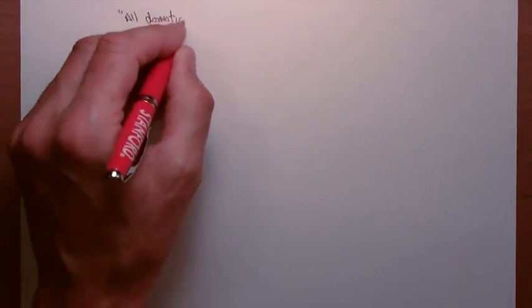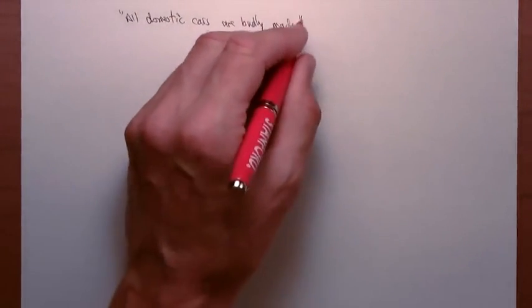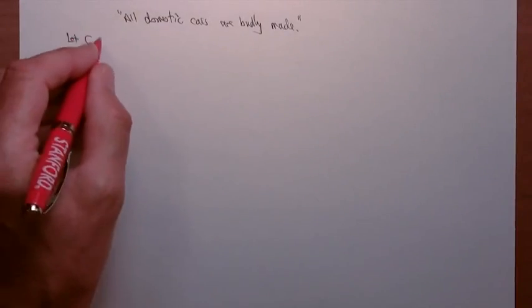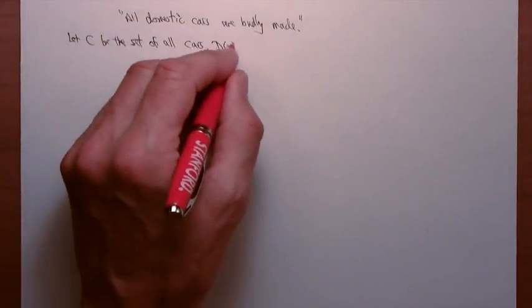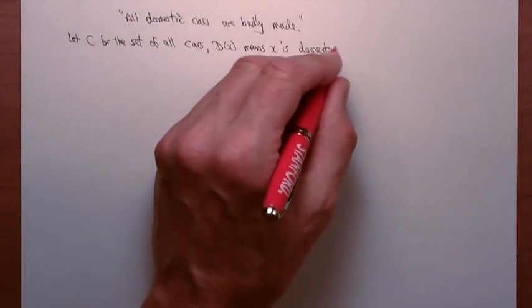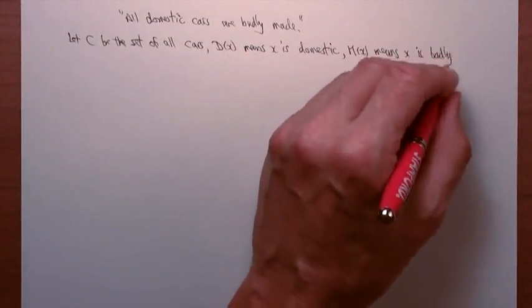With that one under our belt, now we can go back and look at that earlier example of the negation of all domestic cars are badly made. Let C be the set of all cars. D of x means that x is domestic, and M of x means that x is badly made.